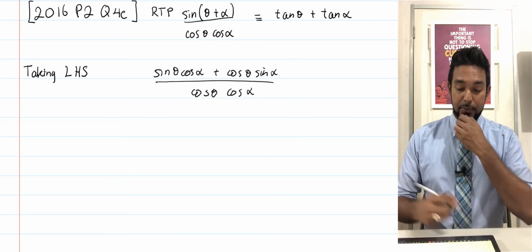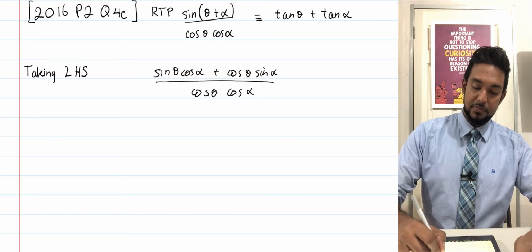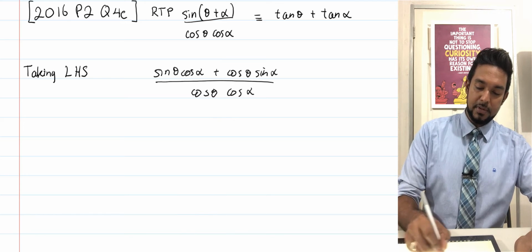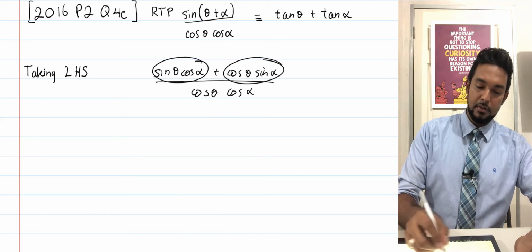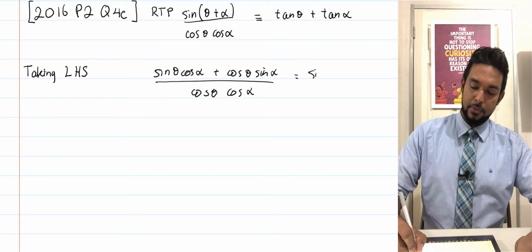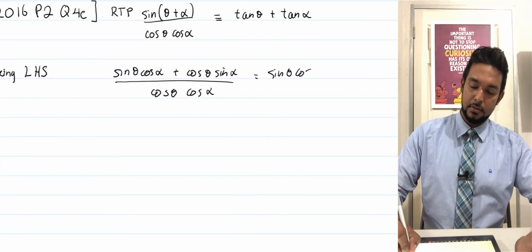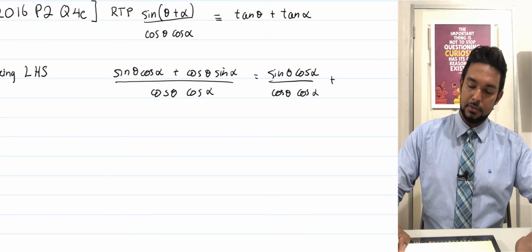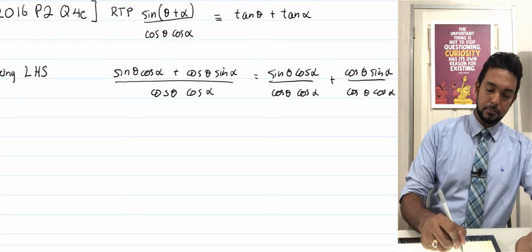And what we could do here, like I was saying, is we decompose the fraction. We kind of cut it in half. We put each aspect of the numerator over the common denominator. So we'll end up with sine theta cos alpha over cos theta cos alpha plus cos theta sine alpha over cos theta cos alpha.